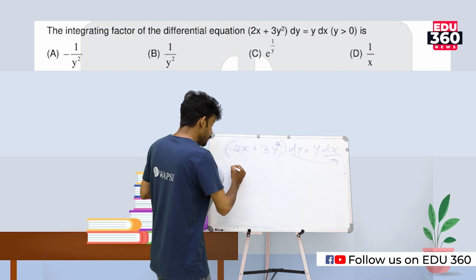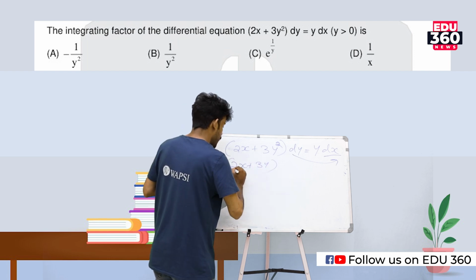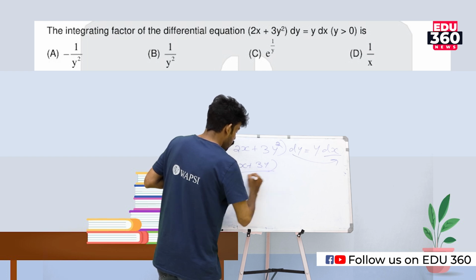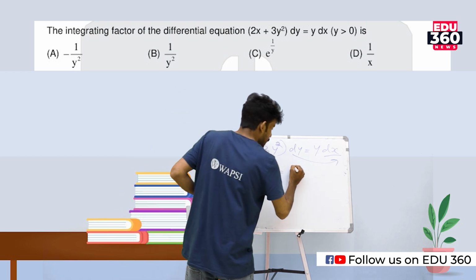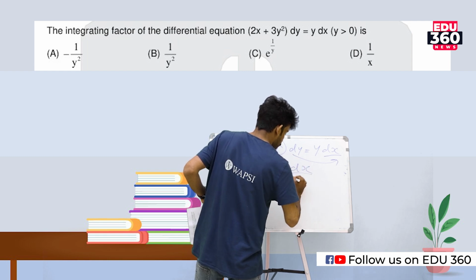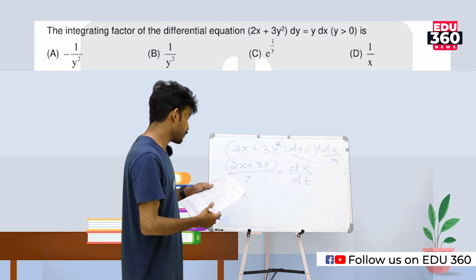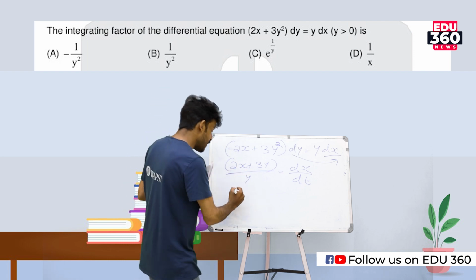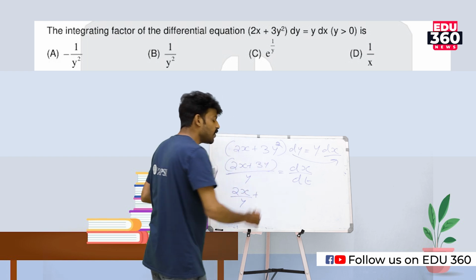So it will become 2x plus 3y square divided by y is equal to dx by dy. Now look at here. We can write 2x divided by y and 3y square by y.